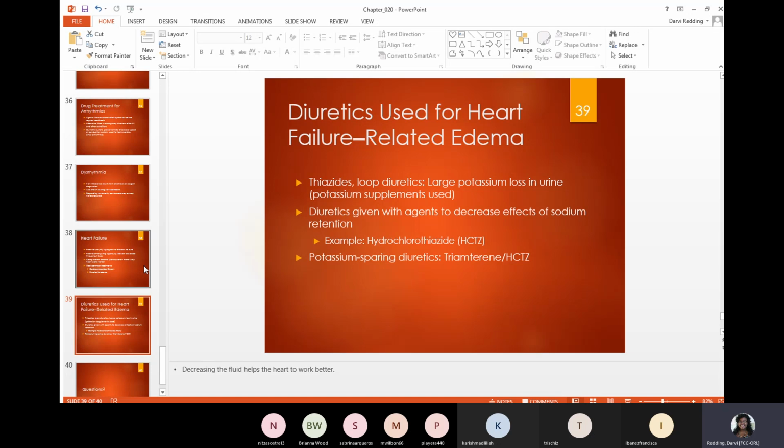So if a person is on a diuretic, they might be prescribed a potassium pill. Diuretics can be given with agents to decrease the effects of sodium retention. Too much sodium in the body means too much salt is in the body. And if the prescriber prescribes a potassium sparing diuretic, an example of that would be triamterene in combination with hydrochlorothiazide.